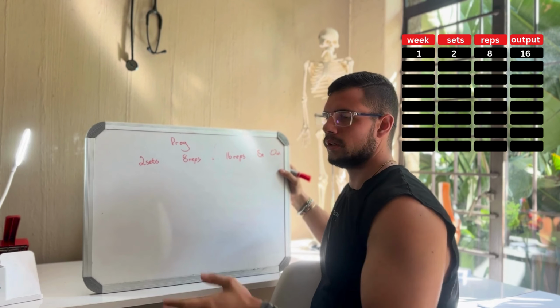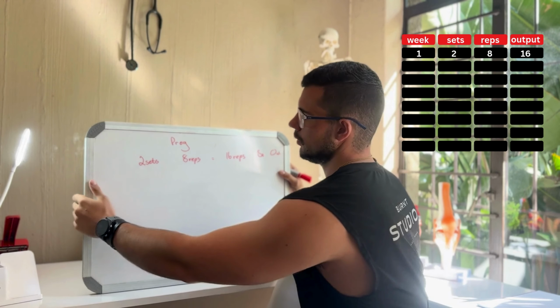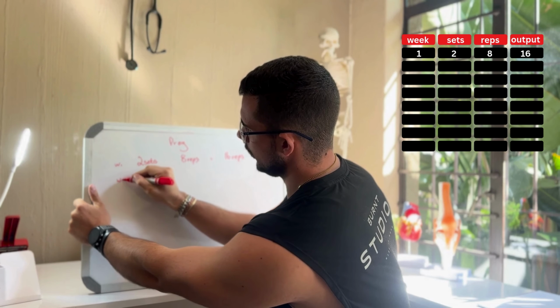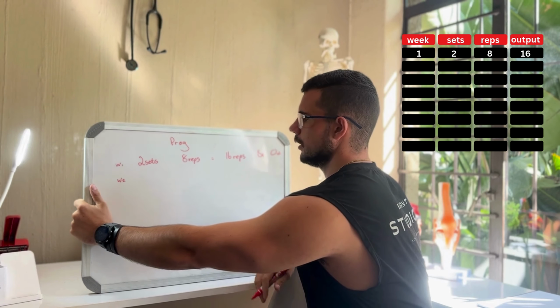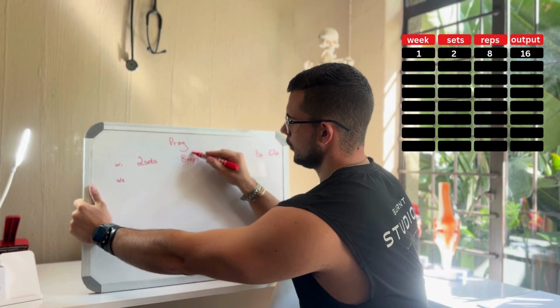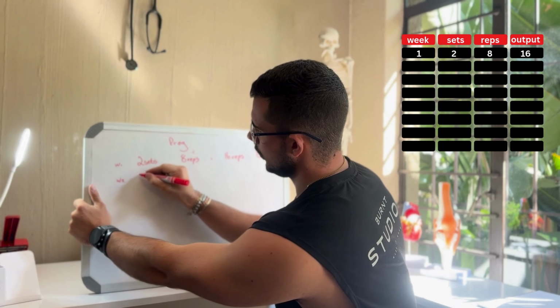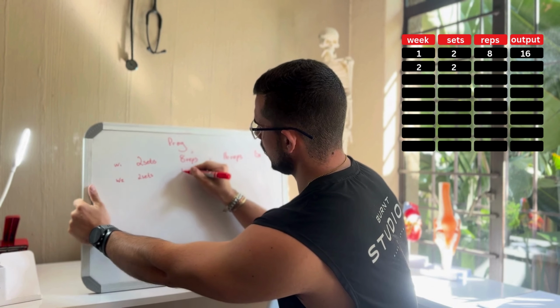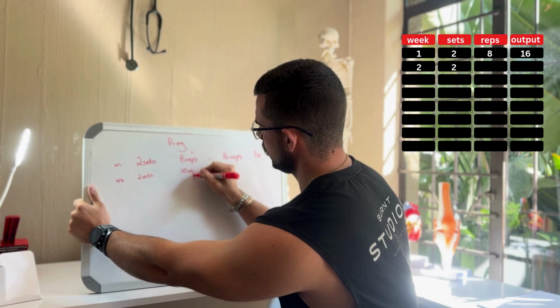Then when you are to progress from this, we're starting at week 1, and then if you go to week 2, the easiest way to progress this is starting at the reps first. So you're still going to do 2 sets, but instead of 8 reps, now you move on to 10 reps.